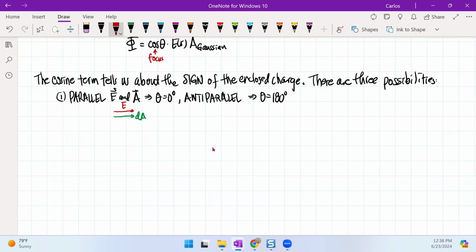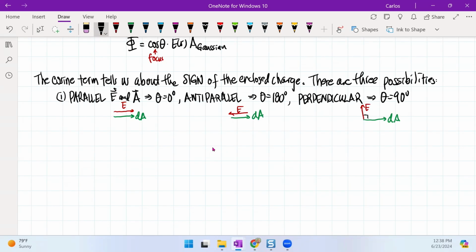Here, we're saying that the E field is in the opposite direction of the area vector. And then finally, we get perpendicular, and perpendicular implies that theta is equal to 90 degrees. So picture-wise, the area vector is going in that direction while the electric field is coming like this. In other words, we have a right triangle between them.